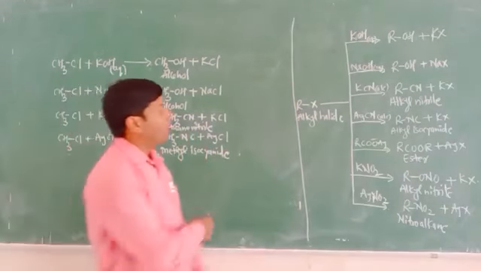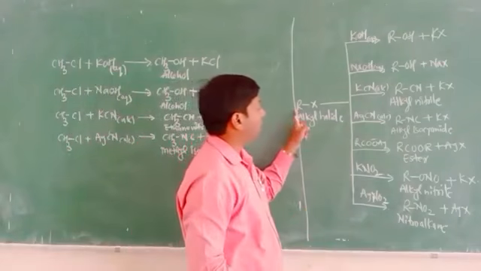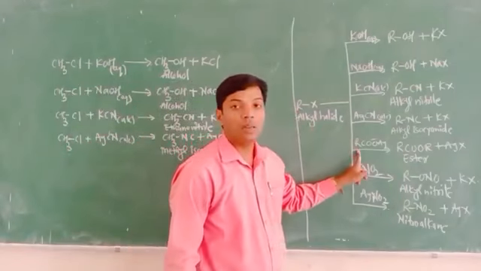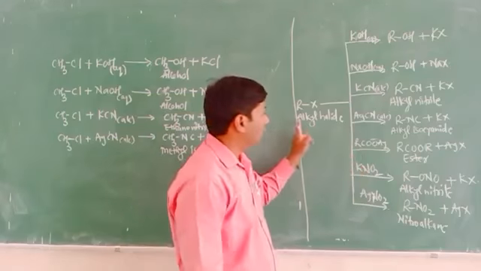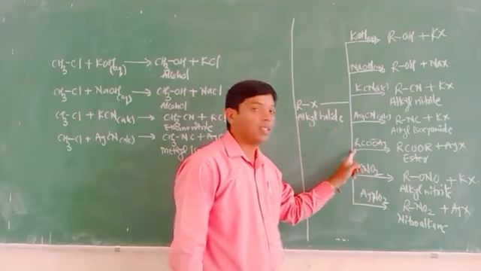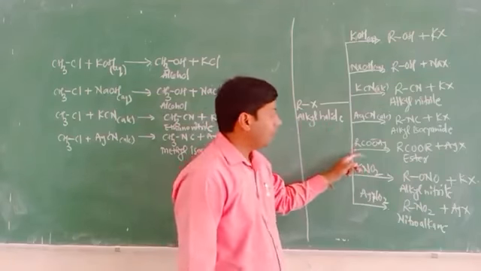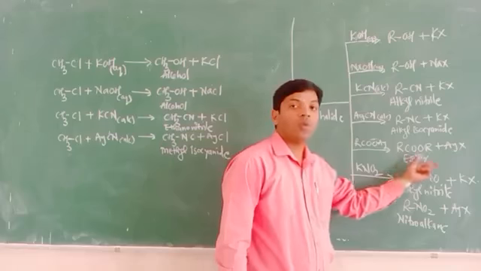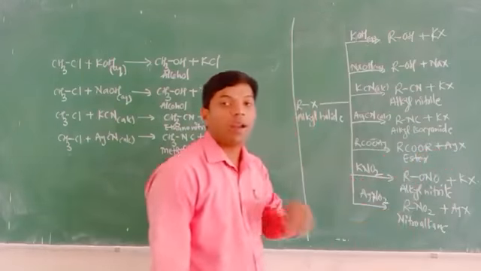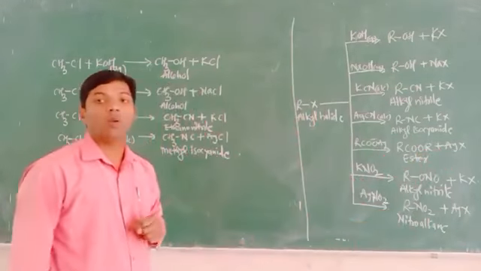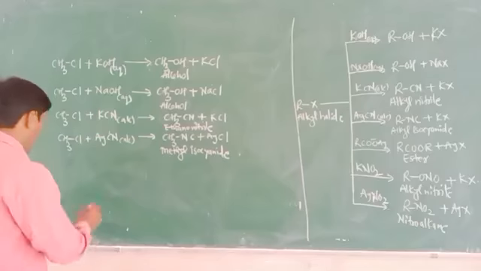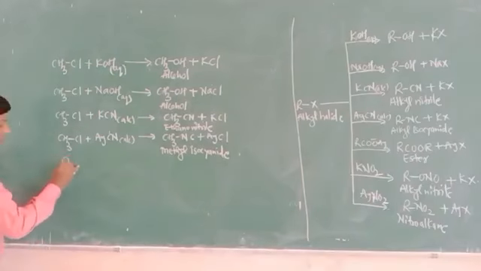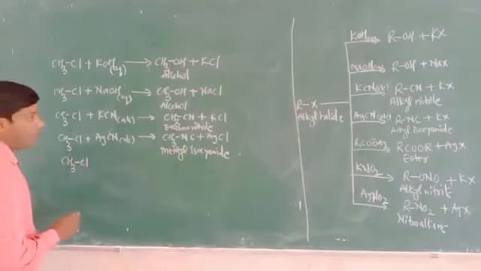Next, when a given alkyl halide is treated with the silver salt of a carboxylic acid, it gives an ester as a product by elimination of AgX. I will write the actual example. Here also I am going to consider R as CH3. So I write CH3Cl, nothing but chloromethane or methyl chloride, as the haloalkane.